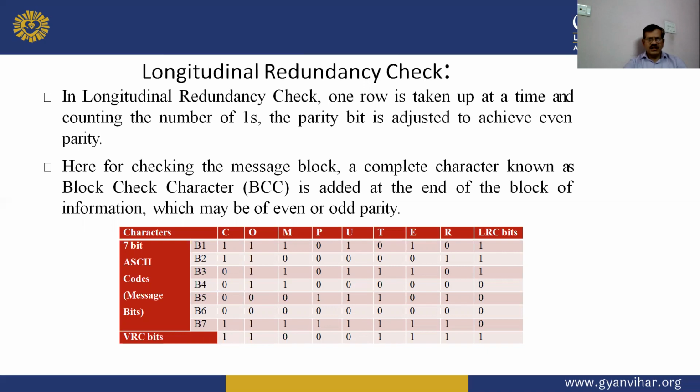For checking the message block, a complete character known as the block check character, BCC, is added at the end of the block of information, which may be even or odd parity. So that is the LRC technique.